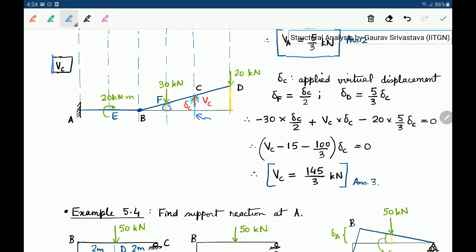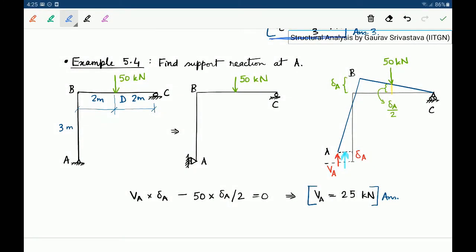One is delta F and one is delta D, and we can find out that delta F is delta C by 2 and delta D is 5 by 3 delta C. And again, you can apply principle of virtual work, and you can verify that VC comes out to be 145 by 3 kilonewtons.